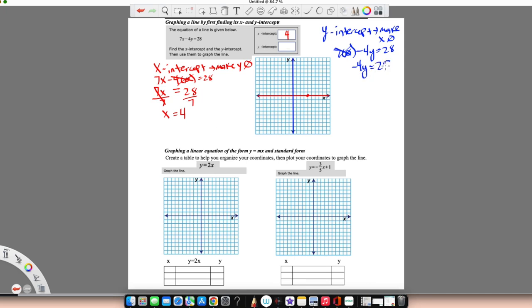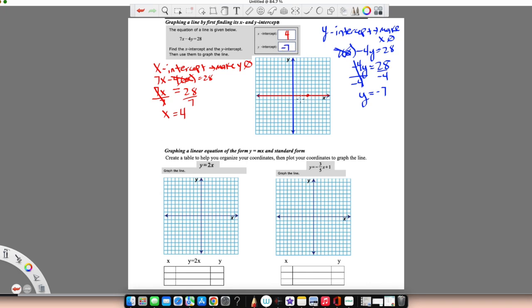And that equals 28. So now I'm going to divide by negative 4 on both sides. Negative 4 divided by negative 4 cancels down to 1. Any number divided by itself is 1. So y equals 28 divided by negative 4 is going to be negative 7. So now I know that my y-intercept is negative 7.